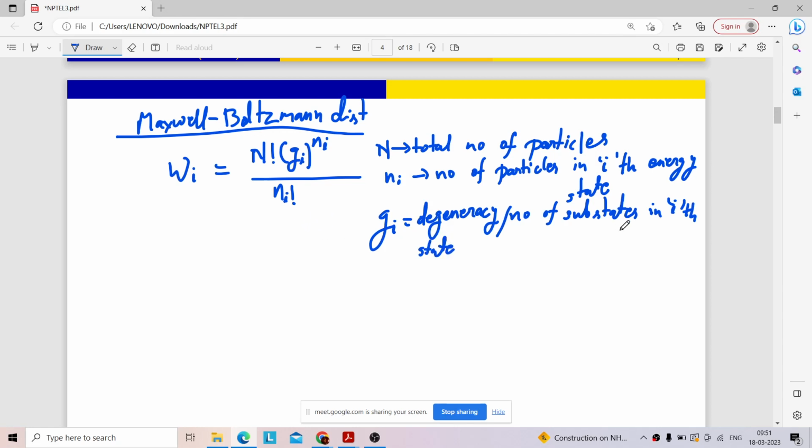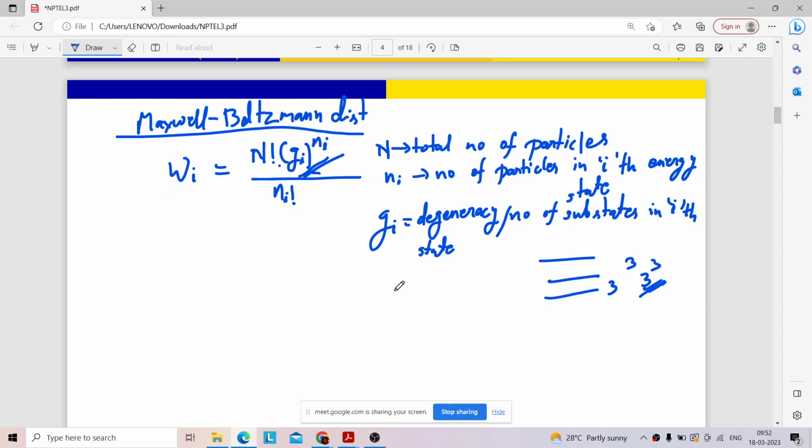Right. As I was telling you some time before, if there are three states and three particles, we will have 3 to the power 3 ways of distributing. This is the same form you can see here.